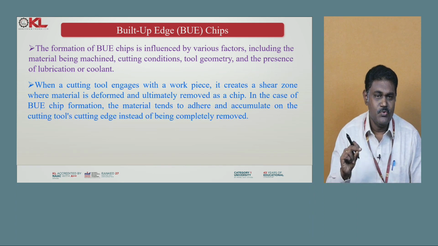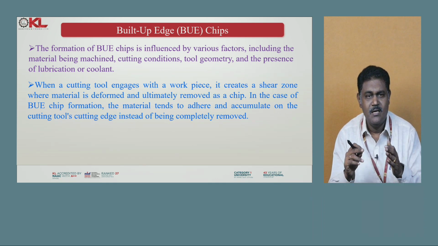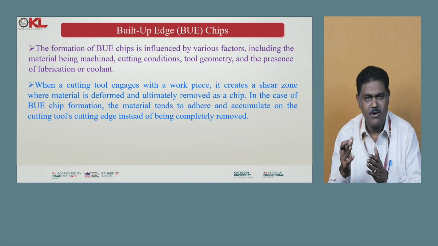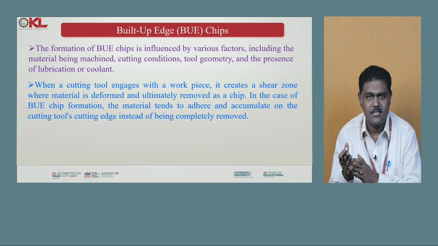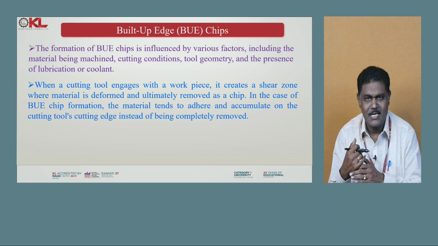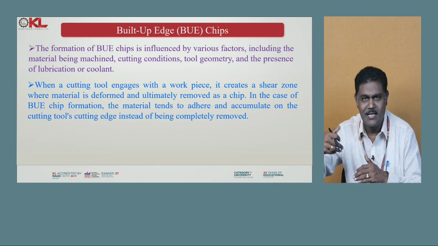So, when a cutting tool engages with a workpiece, it creates a shear zone where material is deformed and ultimately removed as a chip. In the case of built up edge chip formation, the material tends to adhere and accumulate on the cutting tool's cutting edge instead of being completely removed.